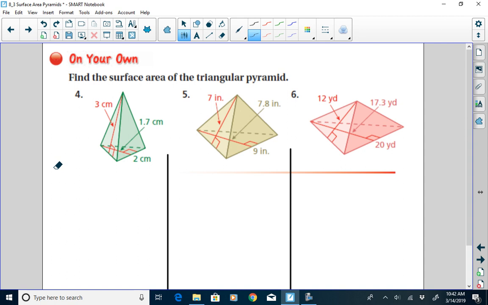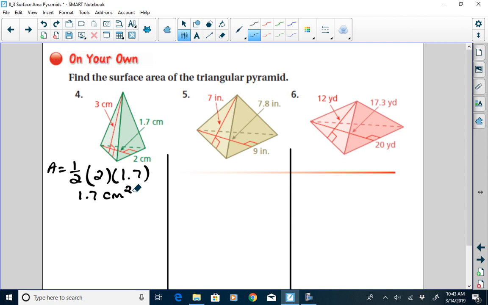So let's start with the area of the base. Area is equal to 1/2 the base times the height. Base is 2, height is 1.7. So 1/2 of 2 is 1. 1 times 1.7, so we get 1.7 square centimeters, and that's just the area of the triangular base.